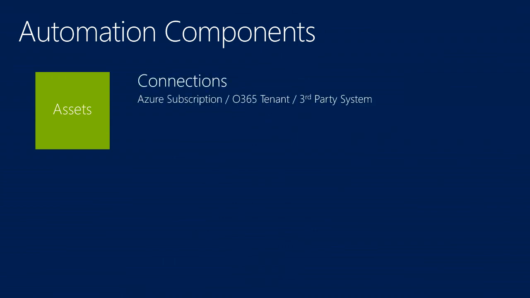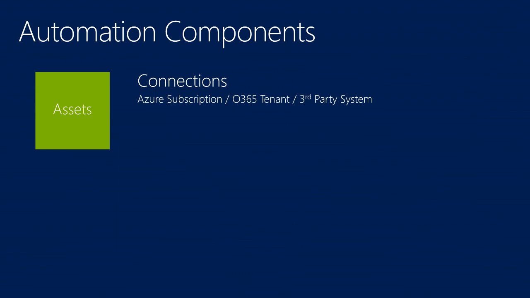So assets are things like connections, connections into your Azure subscription, even connections into other Azure subscriptions. So provided that you have access into an Azure subscription, you can add a connection into your asset store in Azure Automation and leverage that for running workflows against.